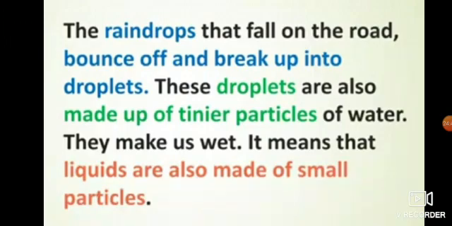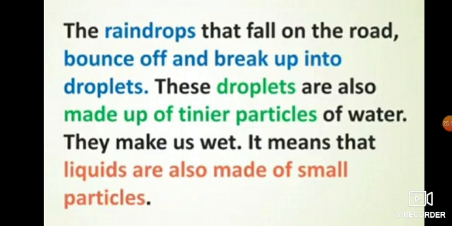Have you all seen? Have you all noticed? These droplets are also made up of tinier particles of water, and because of that we get wet. Those tinier particles are thrown on us.